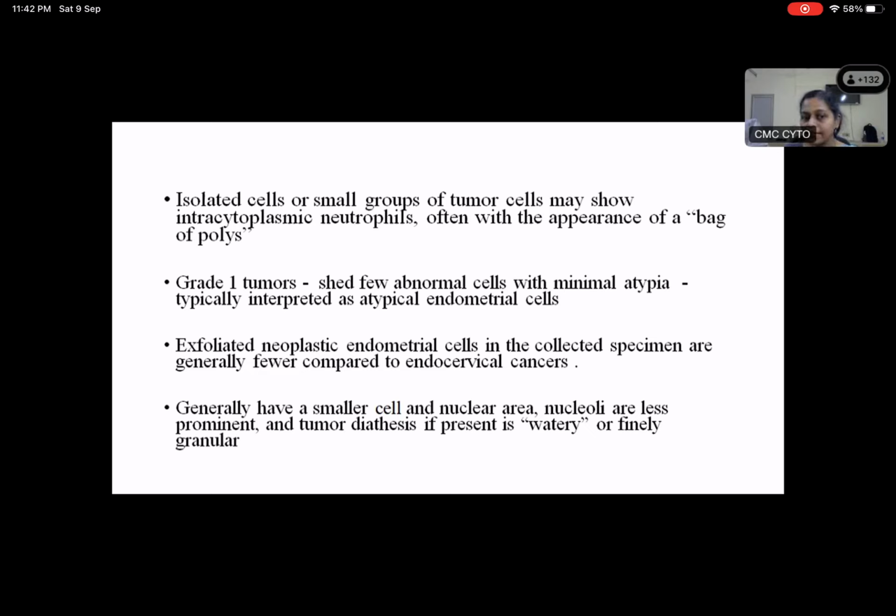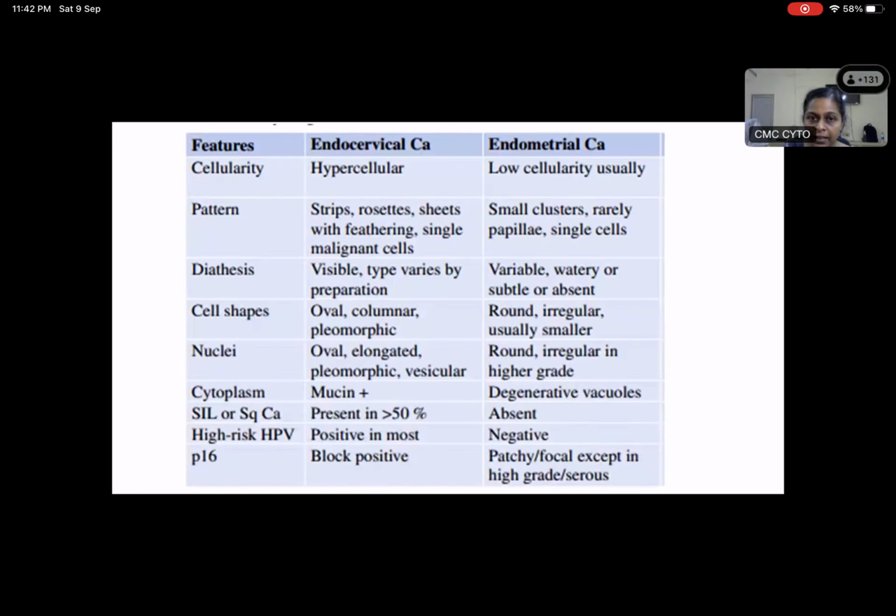You're not directly sampling them. So exfoliated neoplastic endometrial cells are usually fewer compared to endocervical cancers, and the cells are usually smaller with smaller nuclear area. Tumor diathesis is usually watery or just finely granular. So that is about endometrial adenocarcinomas.